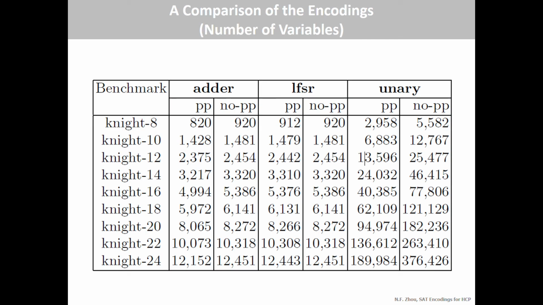First, this table shows a comparison of these encodings on the number of variables. Basically the results are consistent with the theoretical analysis. If no pre-processing is used, then the binary add encoding and the LFSR encoding use the same number of variables.